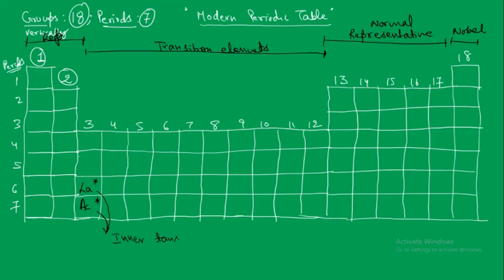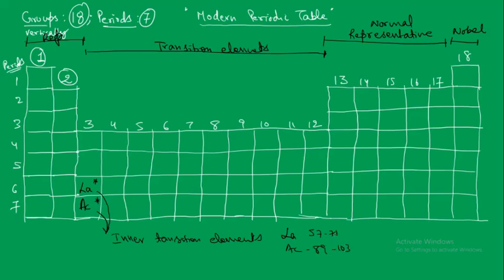The lanthanides include the elements from 57 to 71, and actinides include elements from 89 to 103.